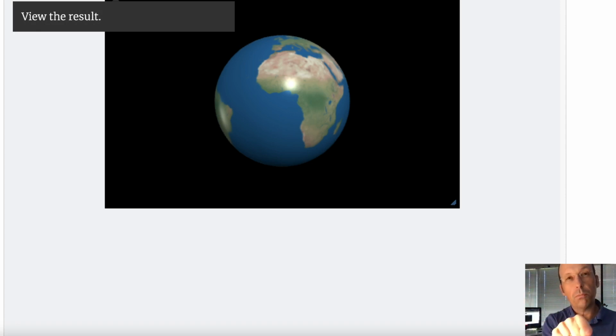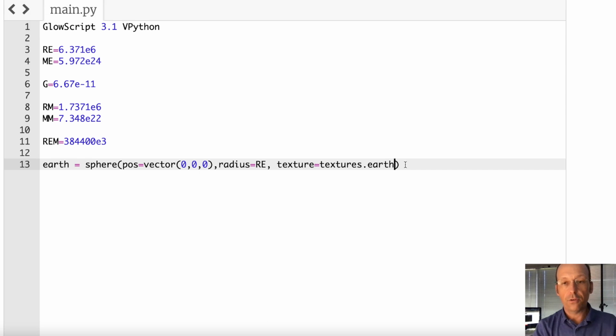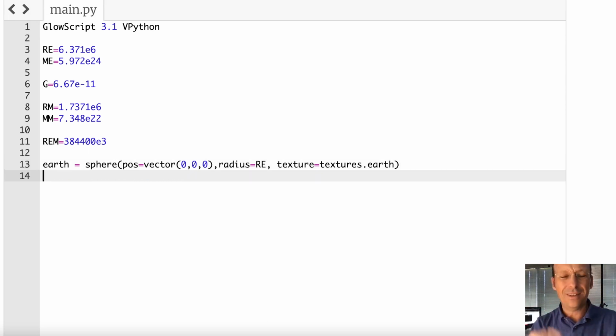And so we're looking at the Earth from the equator. I actually want to look at the Earth from the North Pole. So I'm actually going to rotate the Earth so I can do this. And don't worry about that, it's not a big deal. Earth dot rotate. I need to give it an axis about which I want to rotate it. So I want to rotate about the x-axis. So axis equals vector 1, 0, 0.